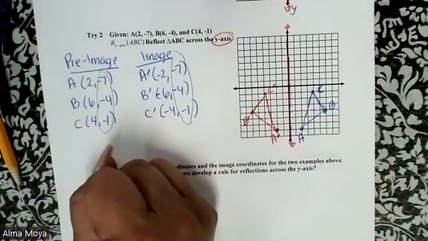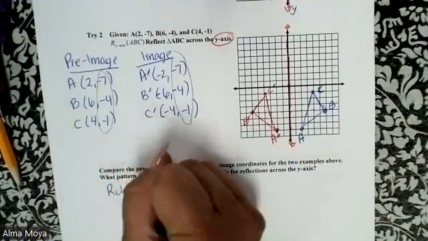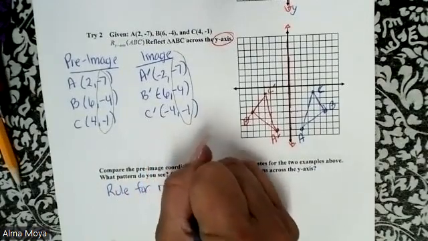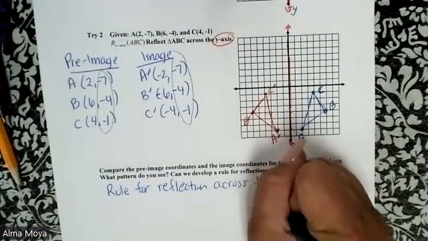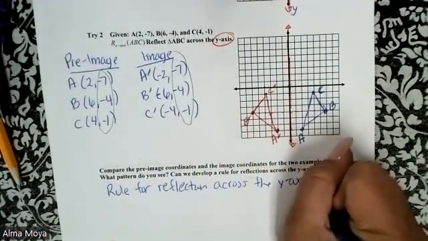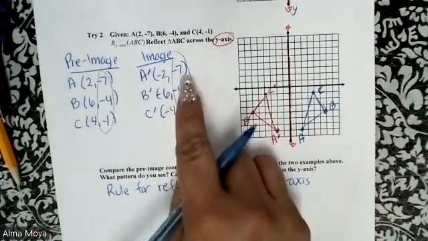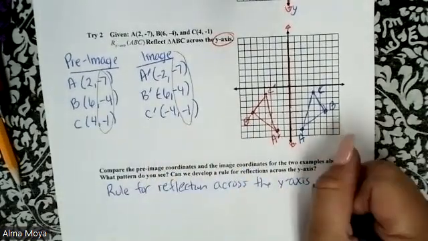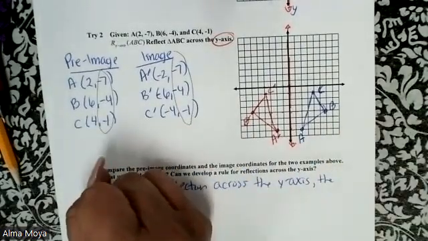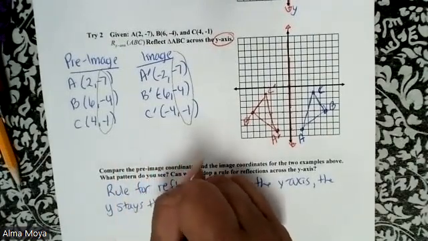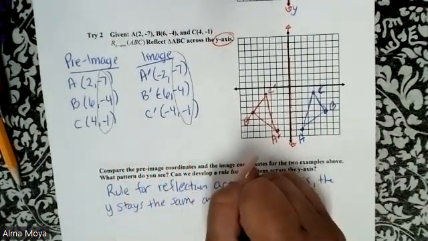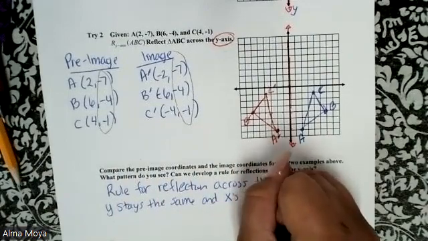So the rule for reflection across the y-axis is the y's are staying the same, the x's are changing. The y stays the same, and x's are changing signs.